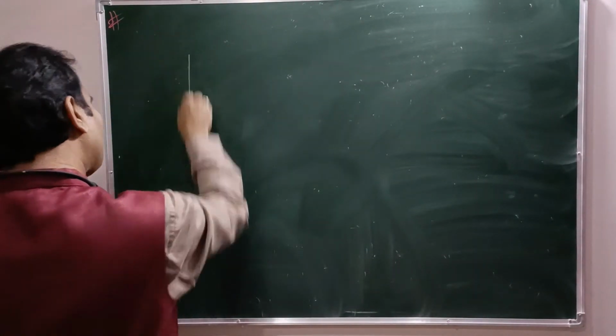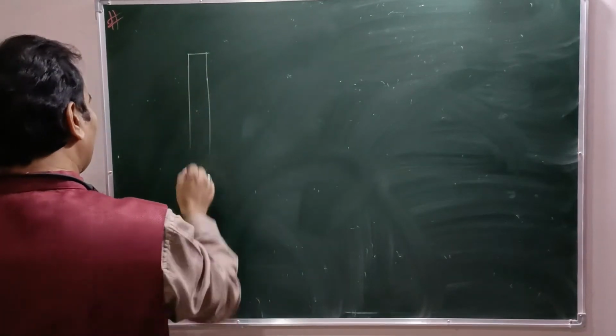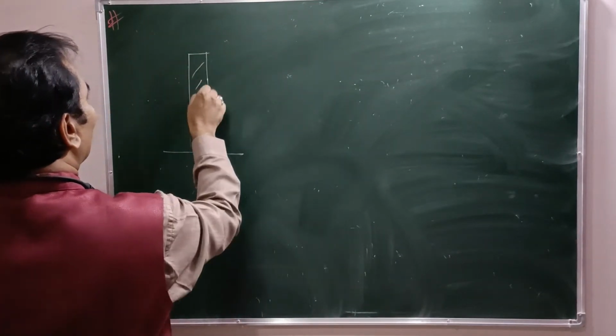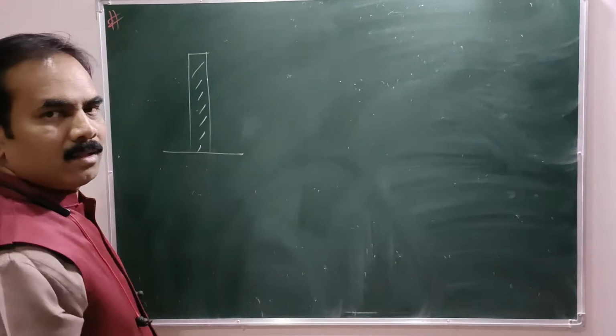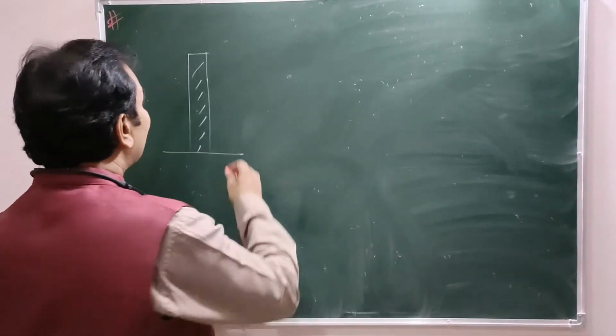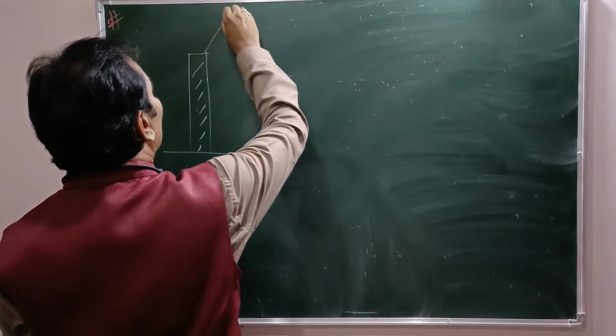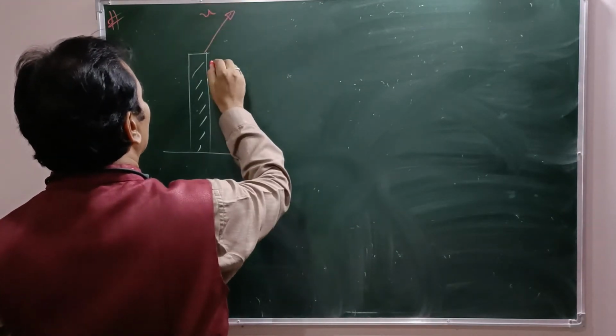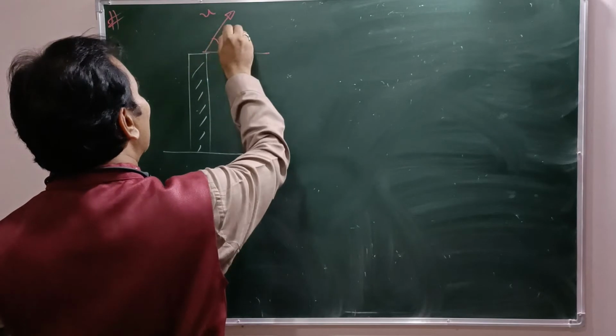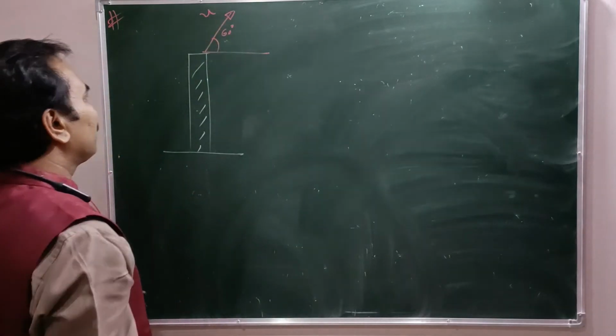Suppose this is one vertical tower. Here three bodies are projected. The first one is projected with some speed u, making an angle of 60 degrees with the horizontal.